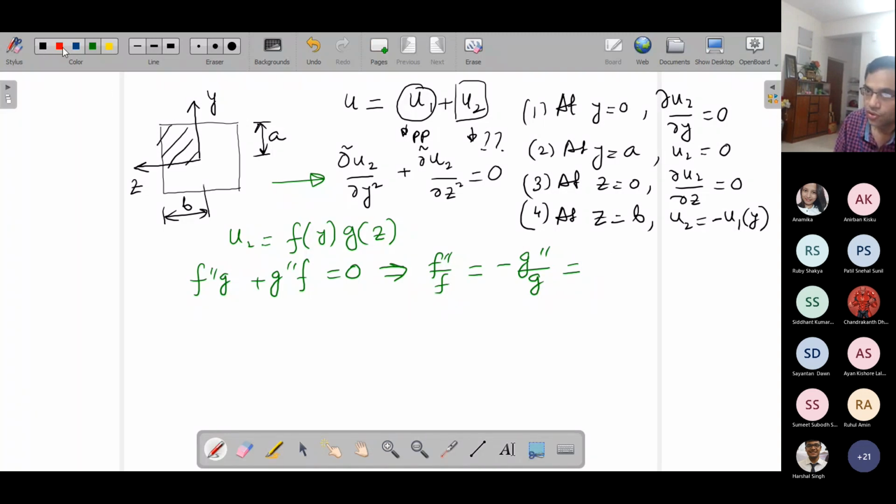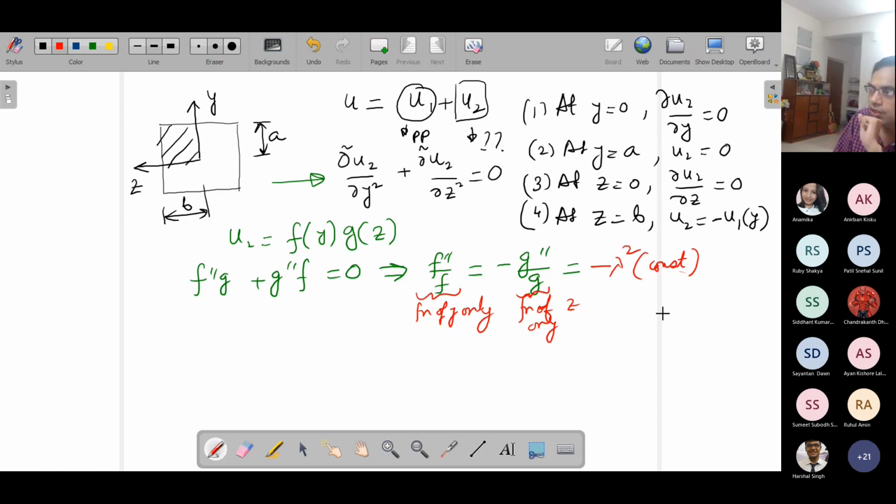So if you see, this is a function of y only, this is a function of z only, so this must be a constant. So this constant, we give a name minus lambda square.